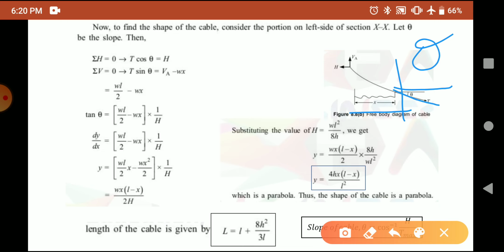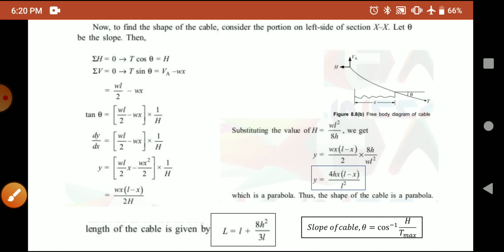A tension T is exerted on the cable, and we have assumed that it is inclined at an angle theta. So, the horizontal force is equal to T cos theta, and its value has to be equal to H in order to have an equilibrium condition. So we can write sigma H equal to 0 means T cos theta is equal to H.